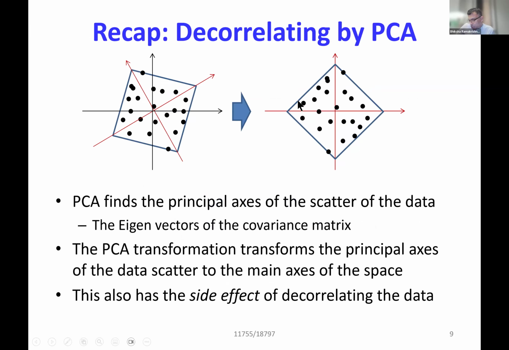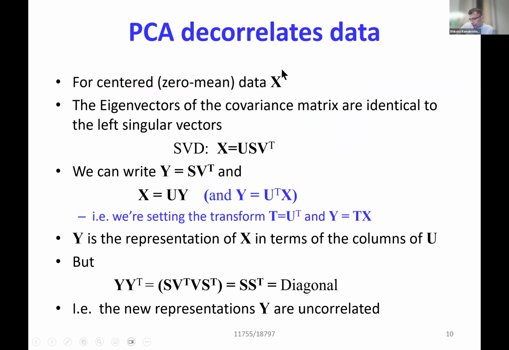And how can we show that projecting my data onto the eigenvectors of my covariance matrix will decorrelate the data? It's very easy. If I have my data X, I can perform a singular value decomposition of X as U times S times V transpose.